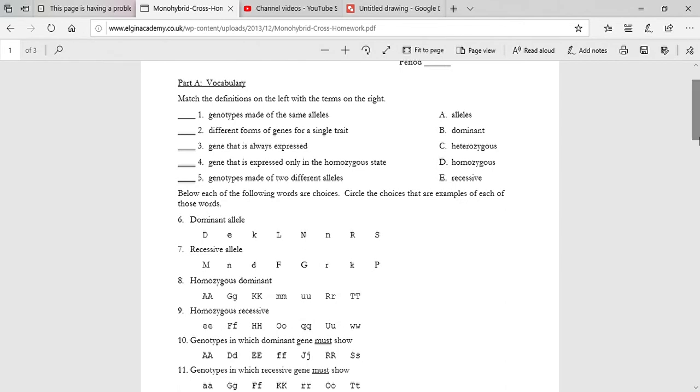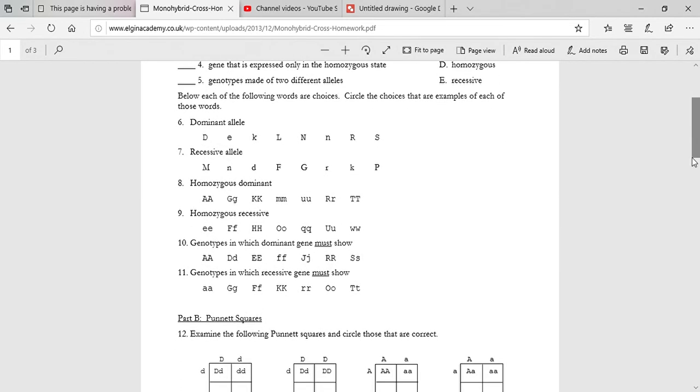The genotype in which the dominant gene must show: a dominant gene would show by default if it is homozygous. It will show here. It will show here. It would also show here.